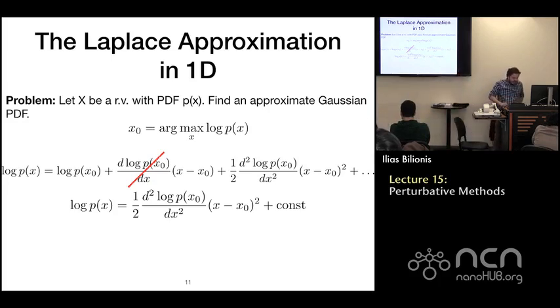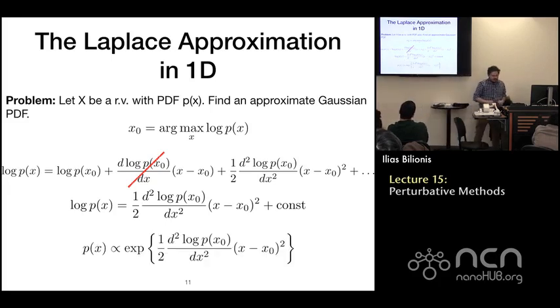Okay? Alright, now what I'm going to do is I'm going to write P of x. So I'm going to exponentiate both sides. So I'm exponentiating both sides, and you see P of x is proportional to an exponential of this thing, times some constant that I'm ignoring, okay?